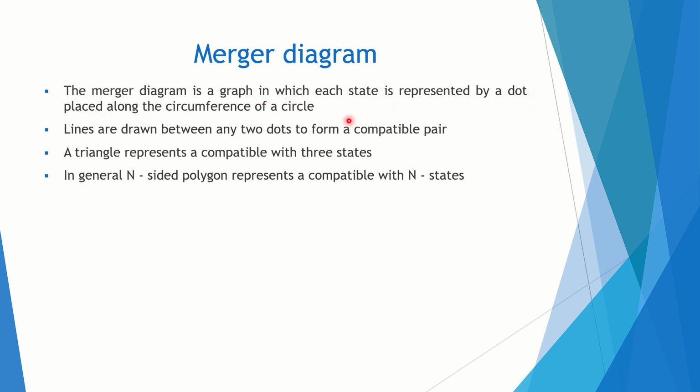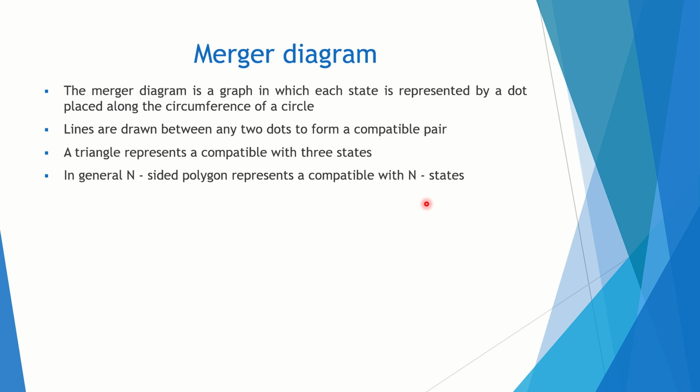We represent all the states A, B, C, D, E, F, G on the circumference, and lines are drawn between any two dots to form a compatible pair. A triangle represents a compatible with 3 states. In general, an n-sided polygon represents a compatible of n states.